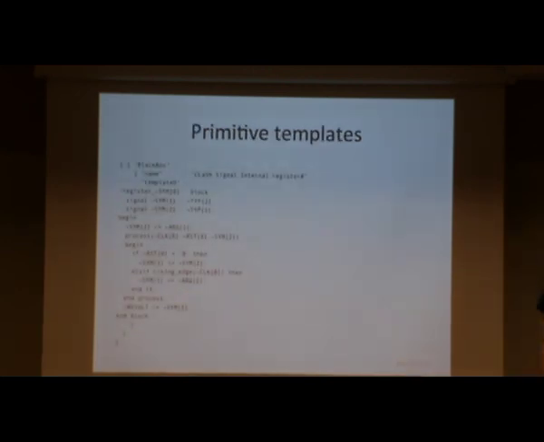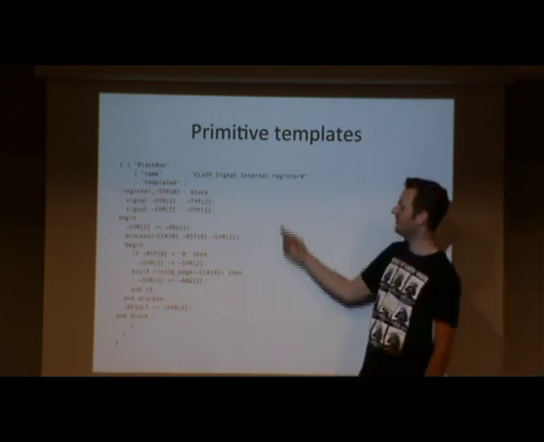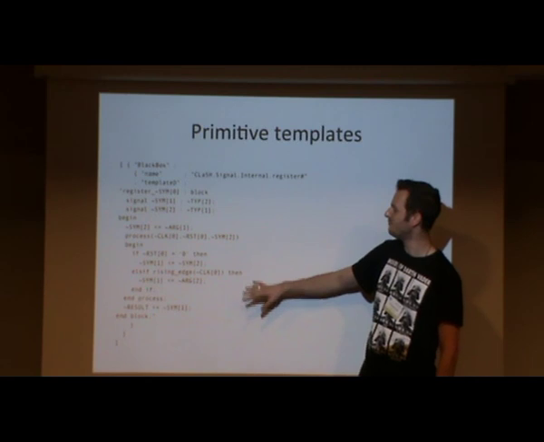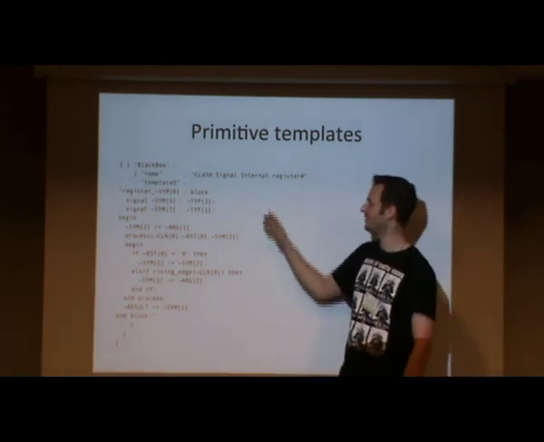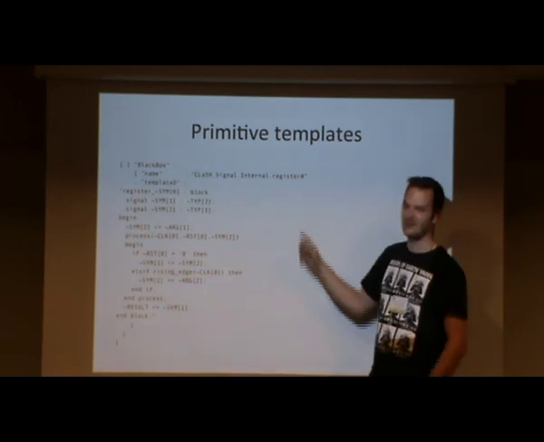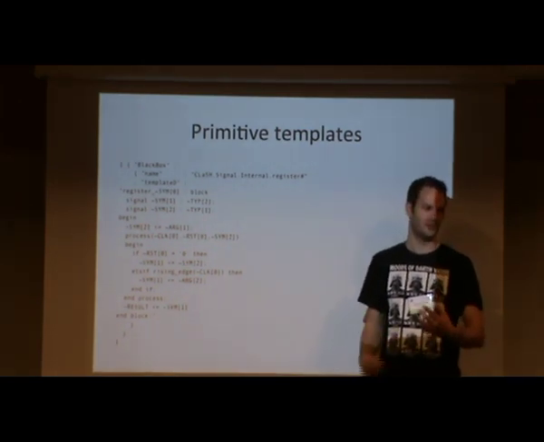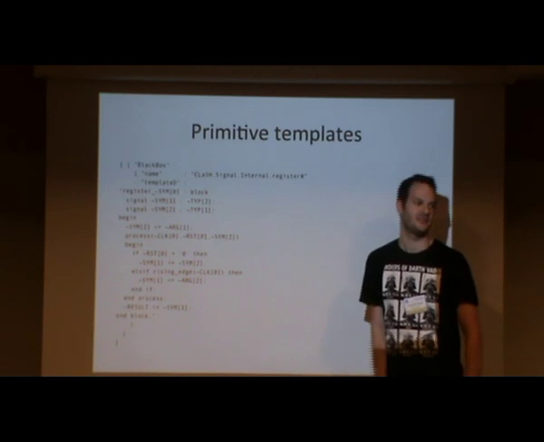Something else that my compiler does: some things must be primitive. What you can do in the compiler is have a file with all these templates inside, for example, for the register function. Whenever it sees the register function, instead of doing this whole transformation process, it'll just pick up this template.